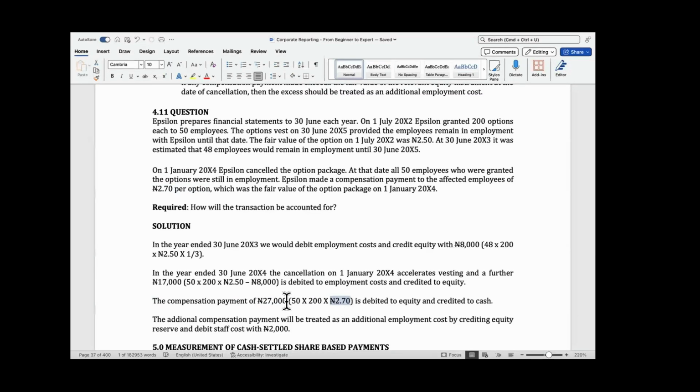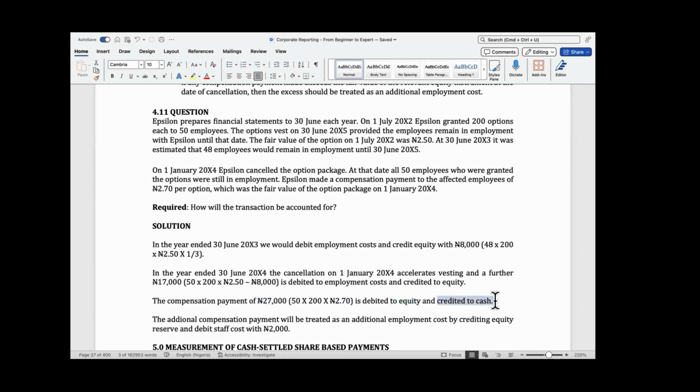That's the compensation payment, so good for the employee. It is even higher than the fair value of the option. So for this compensation payment, they debit equity and they credit cash.